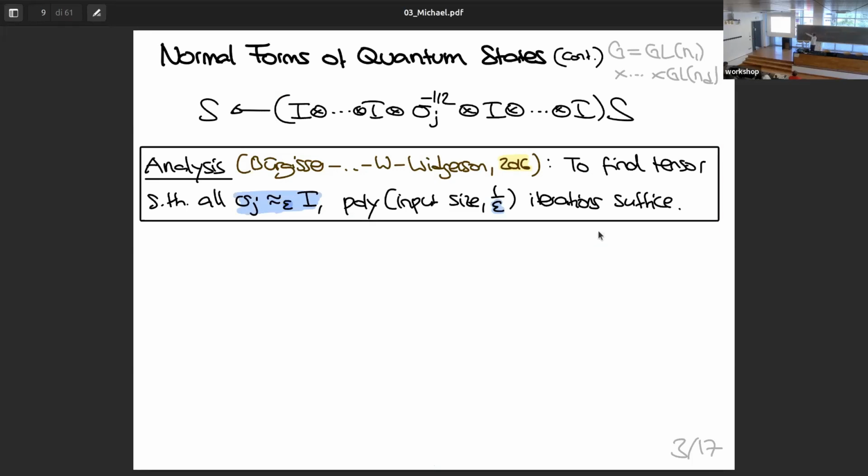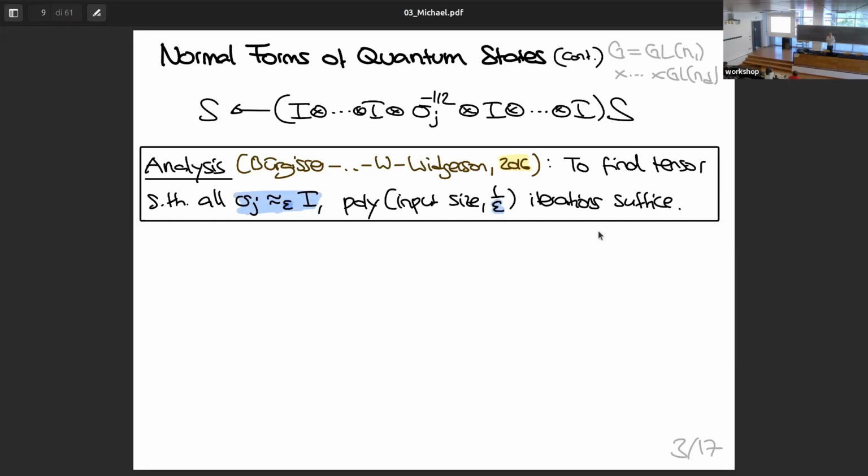So here's again the iteration. This is of course an instance of applying this group action by this product group that will always be the G I use, and I also recalled it for you here on the board to remind you of the notation. So what we could show is that if you start with a tensor T and you want to find a tensor S in its orbit such that all the quantum marginals are epsilon-close to the identity, you cannot in general do it in one step.